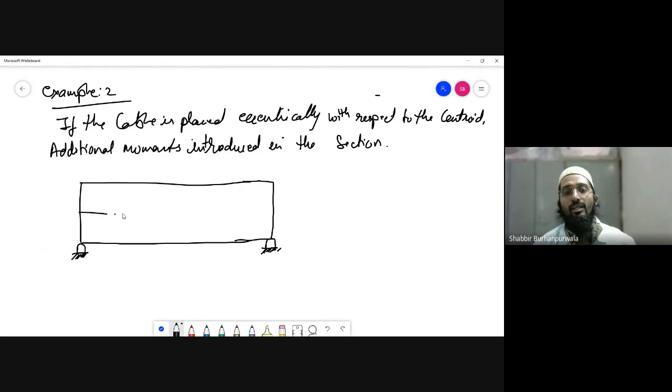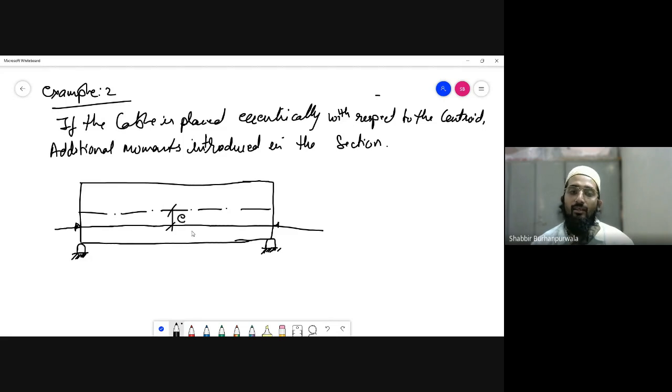This is our centroidal axis, and now we are not applying the cable at the center. We are applying the cable at an eccentricity E from the center towards the bottom side, the same pre-stressing cable having a pre-stressing force P inside the cable.